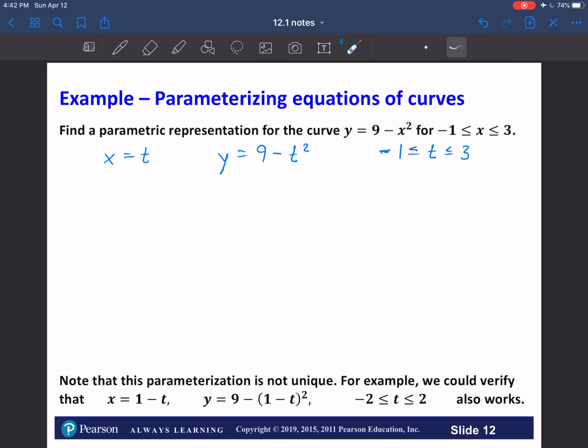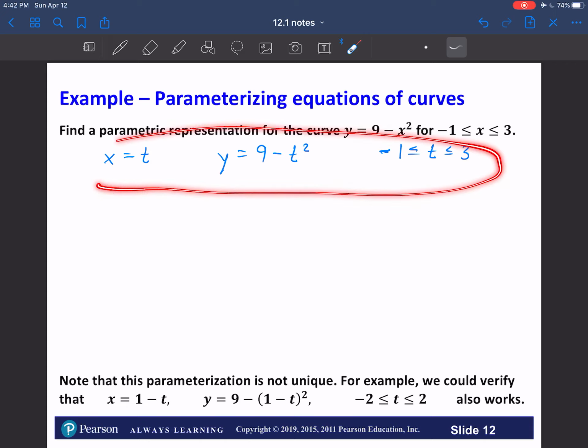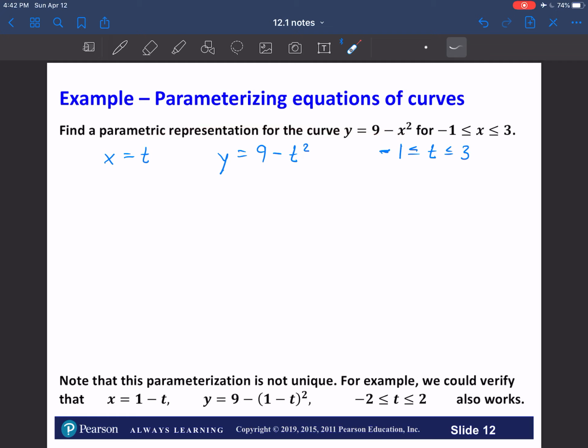In fact, for any curve that you can draw, this parabola for example, there are infinitely many ways to express that parabola using parametric equations. One way to do it is like this. This is arguably the easiest way. I could instead choose to parameterize it in this way. I could say x equals 2t and y equals 9 minus 2t squared.